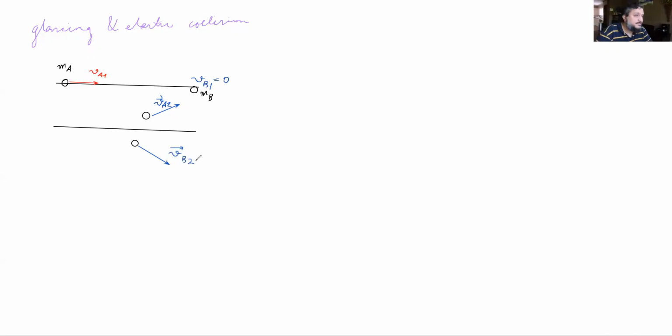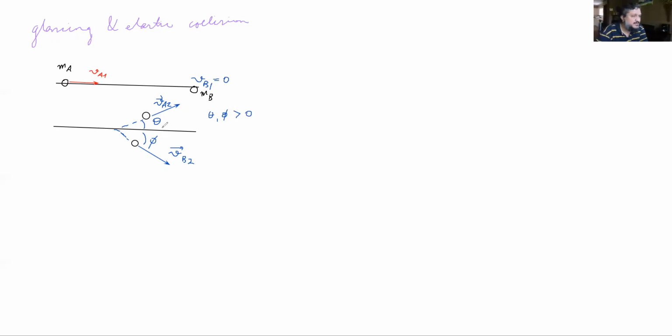So we have these angles here. Call it theta. Another angle below that line, which is phi. Okay, so theta and phi are both positive angles.